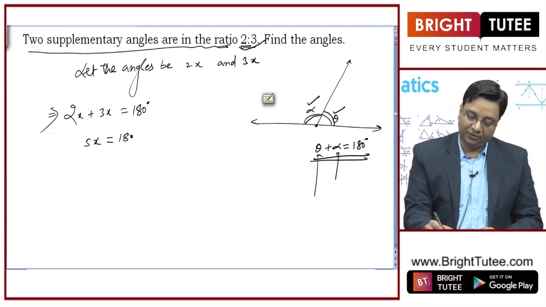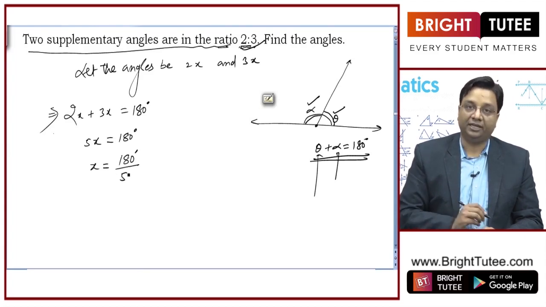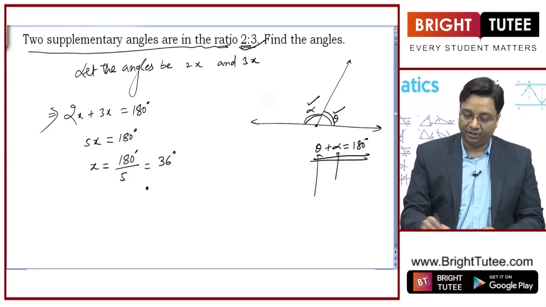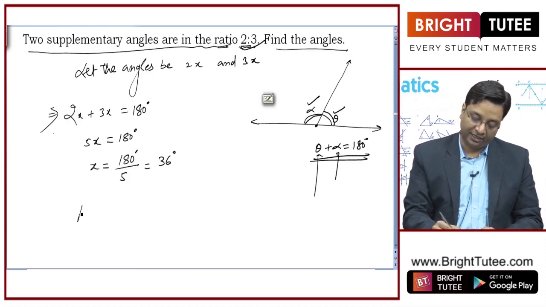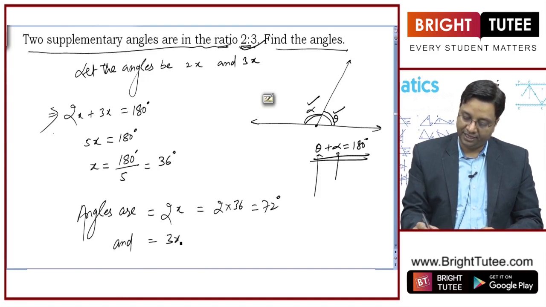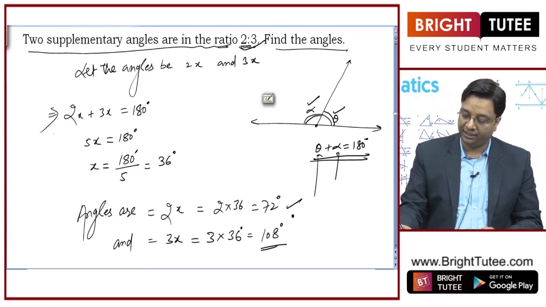So 5x equals 180, hence x is equal to 180 by 5, that is 36 degrees. So this is the value of x. We need to find the angles. So the angles are 2x, that is twice of 36, 72 degrees, and 3x, thrice of 36, that is 108 degrees. So these are the angles.